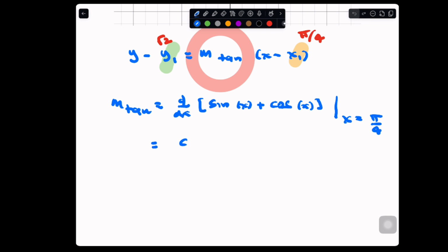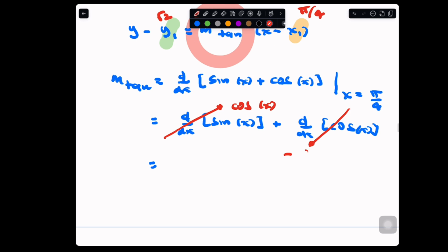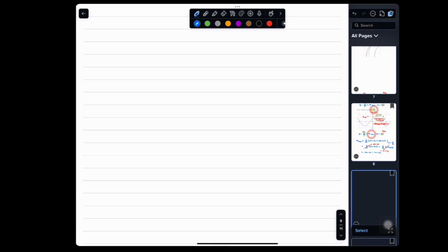Maybe you want to see, maybe I should write it down, every detail. This is part of the proof I sent you guys this weekend. Is that true? Do you guys know what I'm talking about? Yep. Derivative of sine is cosine. What's the derivative of cosine? Okay, so this is going to be cosine minus what? Sine. And we evaluate this where?